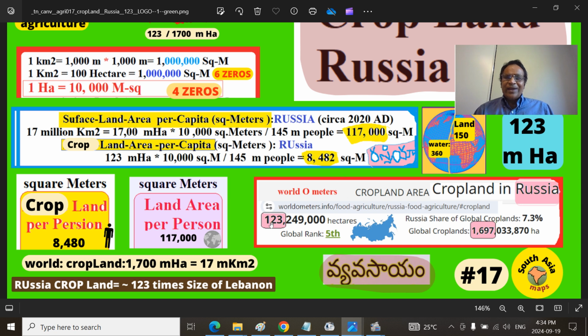I got the statistics: 123 million hectares Russian cropland, and world cropland is 1700. Remember, 150 is the 150 Egypts. 10% is 15 Egypts.